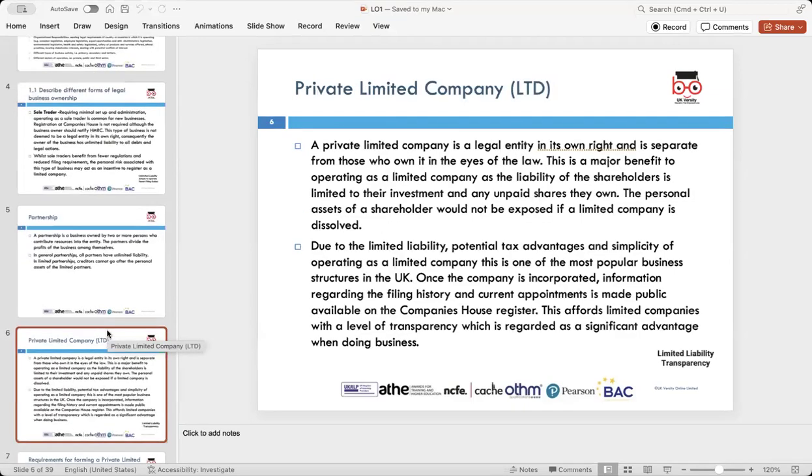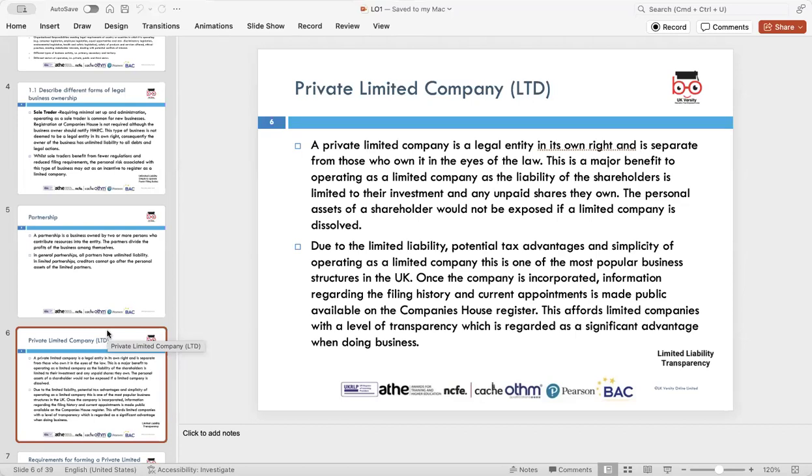Private limited company. Can anyone tell me about a private limited company? As far as the law is concerned, a limited company is a separate legal entity from the individuals who own it, because the law recognizes it as a separate entity.